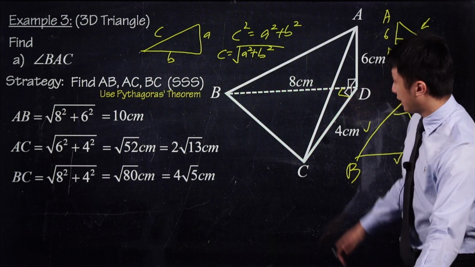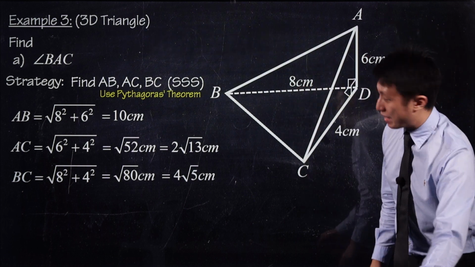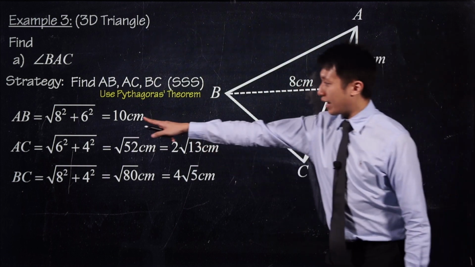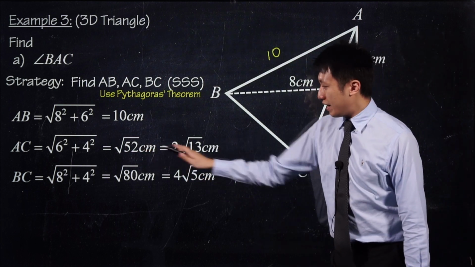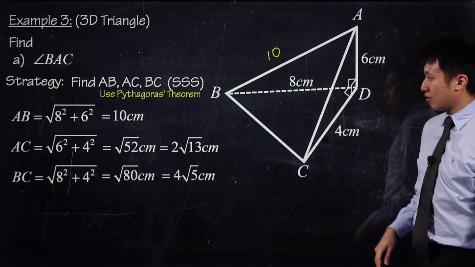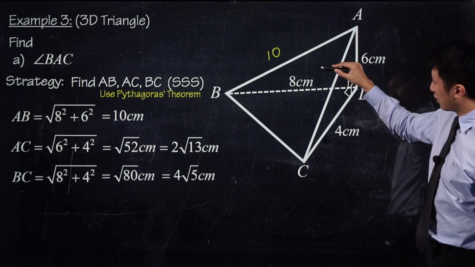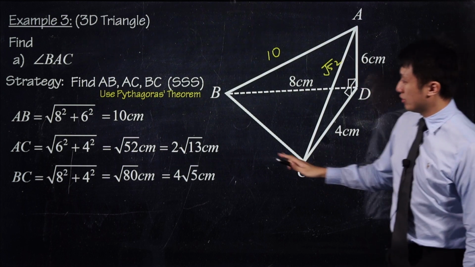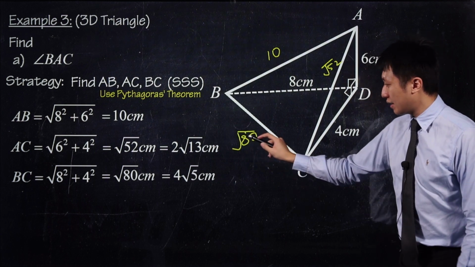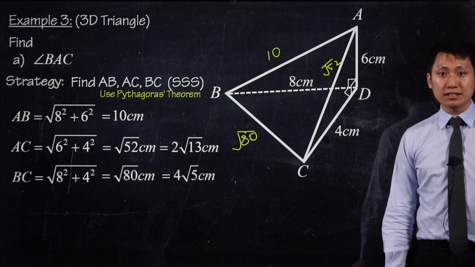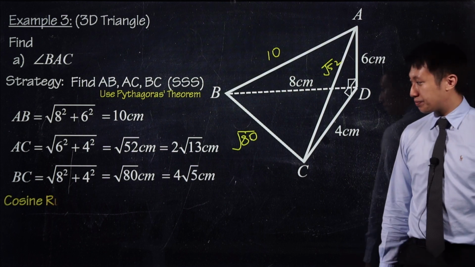I clear off everything because it's a bit messy here. You know AB is 10, you know here is 10, and you know AC is 2 square root 13 or square root 52. And you know the other side is square root 80. So that's an SSS. SSS, what do you do? Use cosine rule.